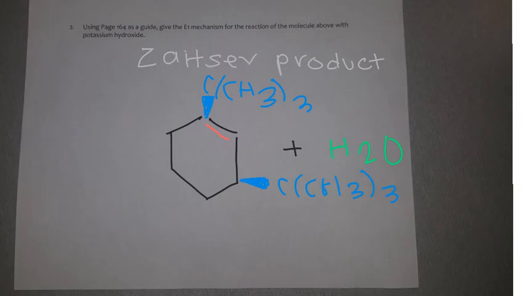So if one beta carbon has 2 hydrogens versus another beta carbon having 3 hydrogens, the carbon with the 2 hydrogens would donate its proton. But because these are identical, it doesn't matter which one the proton is donated from. You just have to remember where to put the double bond, depending on which hydrogen you remove, or which bond you break.